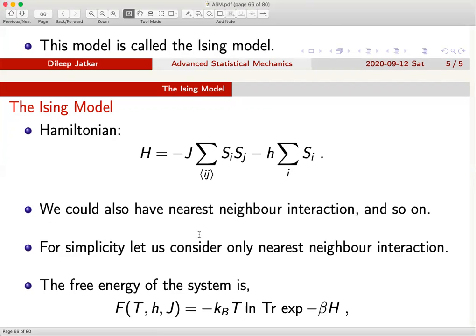We could have higher order interactions also. As I said right in the beginning, in a realistic system, spins may be interacting with not just the nearest neighbors, but next to nearest neighbors, and next to next to nearest neighbors as well. But it is not necessary to actually model or write down a model Hamiltonian with all these interactions taken into account, because if you are trying to study certain robust behavior of the system, it may not depend so crucially on how many interactions you really introduce.